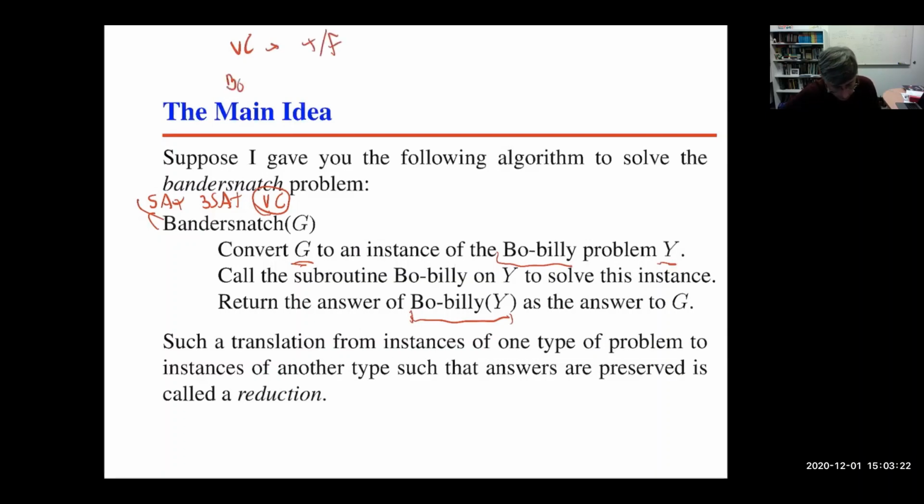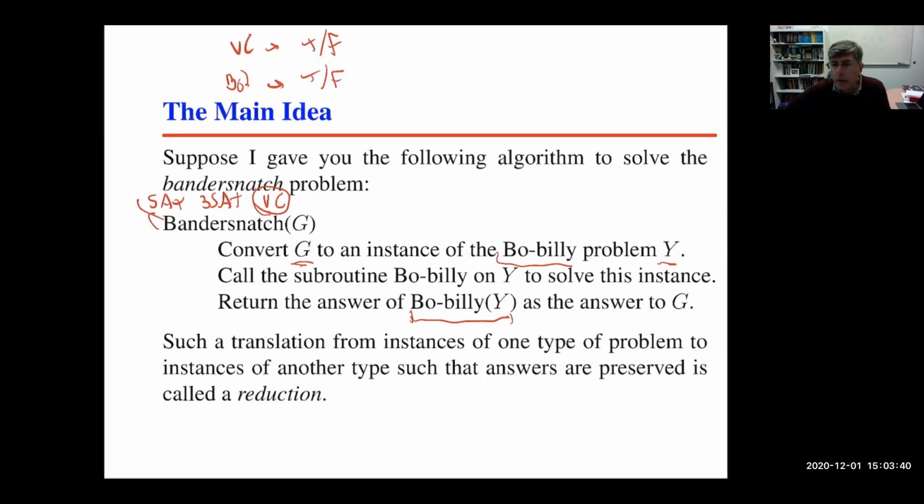Mobility, whatever it is, is also going to be a decision problem. It's only going to return true or false. We want to do this translation so that vertex cover of G is true if and only if mobility of Y is true.